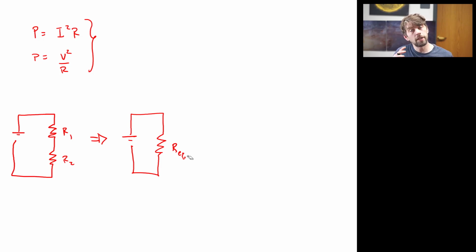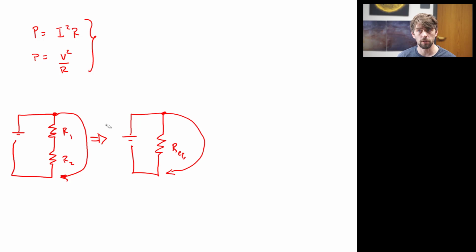Now remember, to have an equivalent circuit, we need to make sure that something stays the same. In this case, we would like to ensure that the potential drop from one side of the resistors to the other, the delta V, has to stay the same. So from this location to that location. But you say, but Greg, that's automatically satisfied. That's the purpose of the battery.